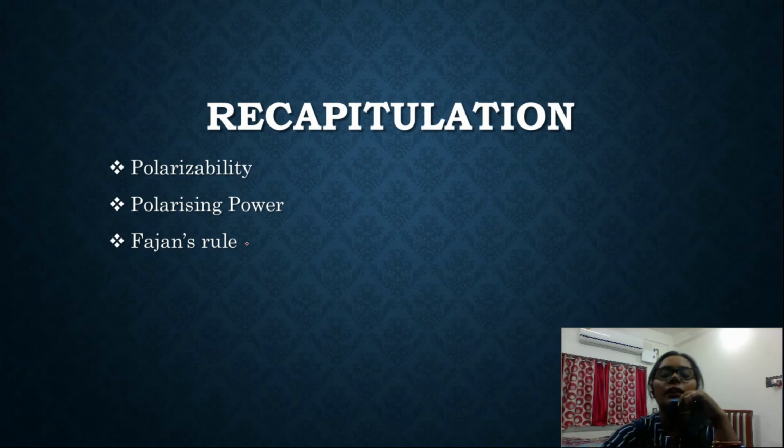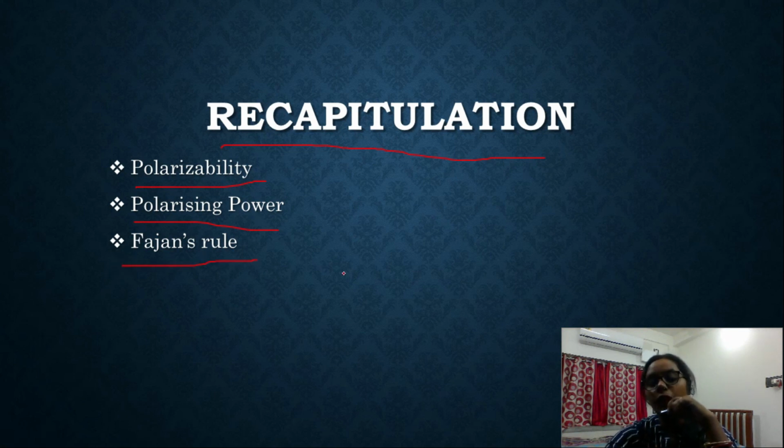Okay, so this is today's topic. This is a recapitulation. Today we have discussed polarizability and polarizing power. Now you can define polarizability and polarizing power, and also state Fajans' rule. We have also explained Fajans' rule and how we can know the covalent character of any bond.